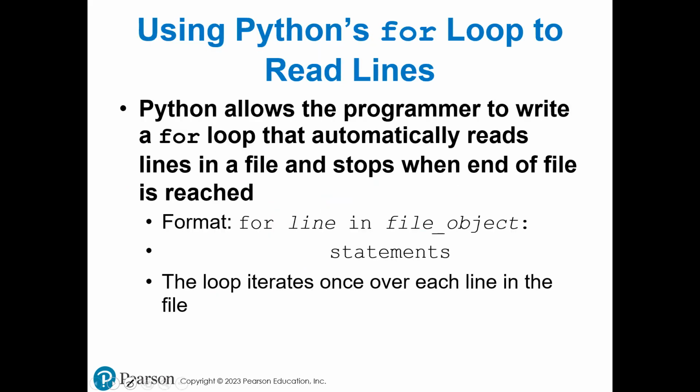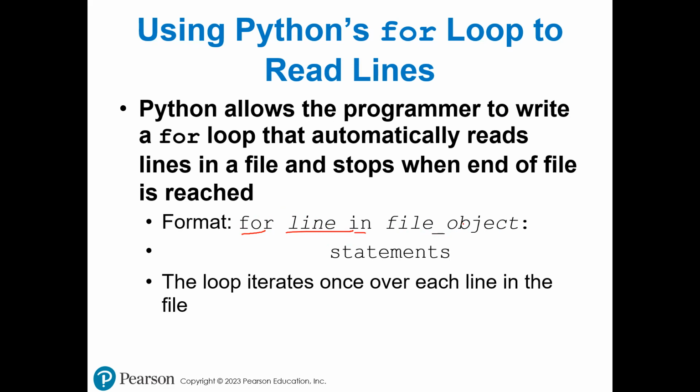There is a for loop that exists in Python, which is very useful when you're working with files. And all that you have to do to read all of the contents of a file is put the keyword for, which stands for the beginning of our for loop. Then you have to specify a variable such as line or read line, doesn't really matter what the name of this variable is. Then you have to put the keyword in and the variable of the file object that you have created.